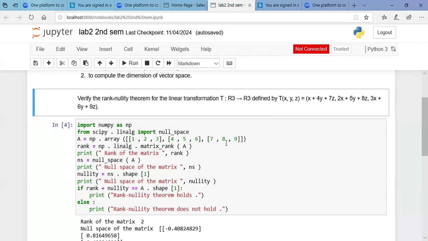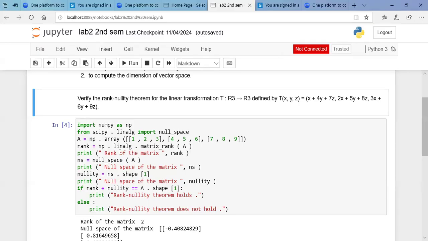Once we finish defining the matrix, to find the rank of the matrix, we have to reduce it into row reduced echelon form. To do that, we will use the command rank = np.linalg. We use the linalg tool for linear algebra operations, to solve linear equations, to perform transformations, to solve matrix equations and much more.